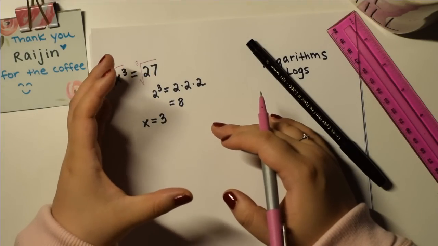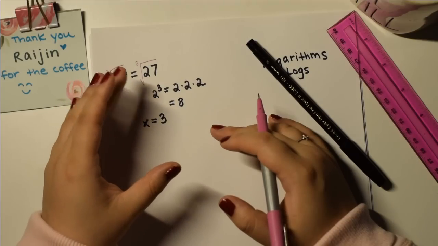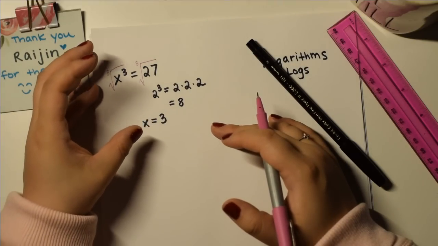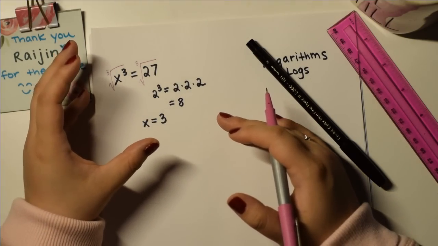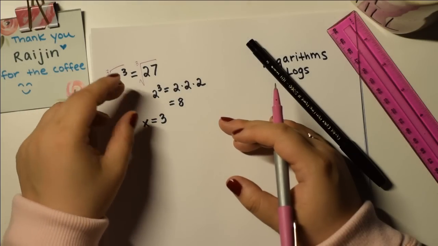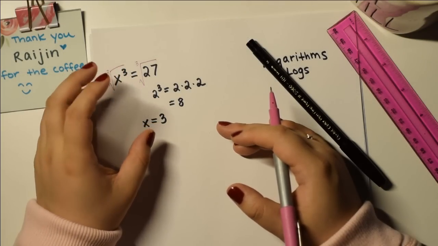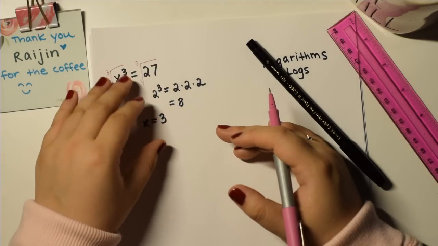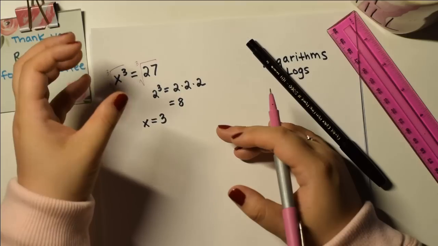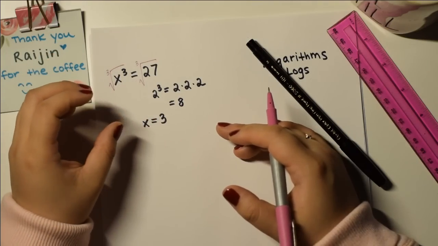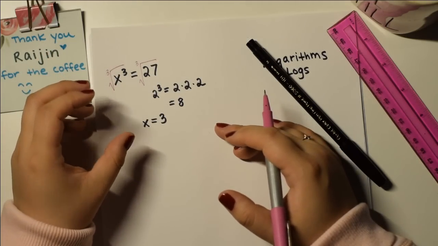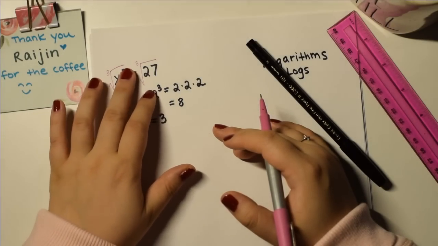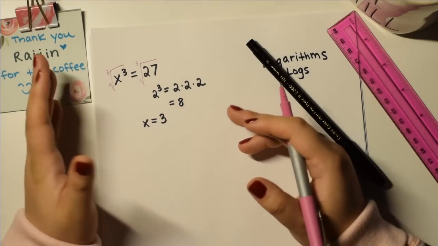What number times itself 3 times gives me 27, and that would be 3. So the cube root function undoes the cubed function, and that's the intuition here. If we have a variable raised to some number, the nth root undoes that. And of course there are little details that we have to pay attention to when the exponent up here is even.